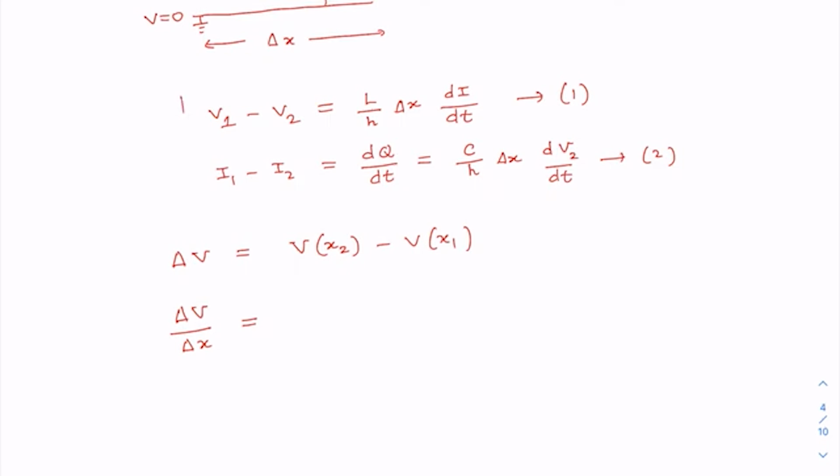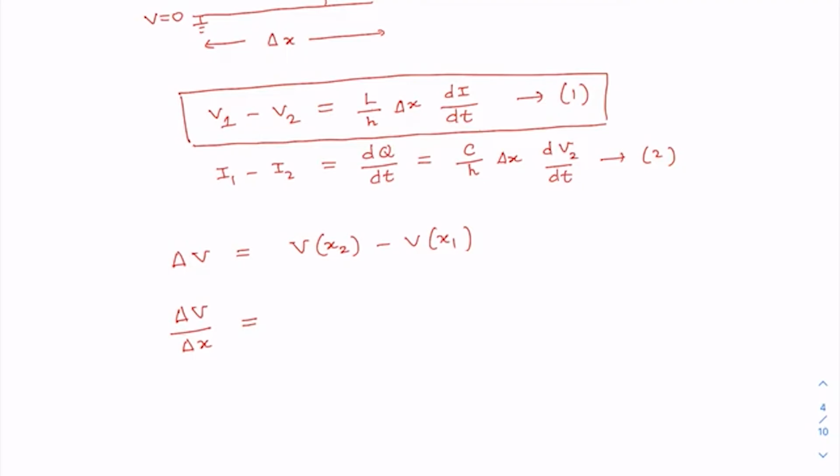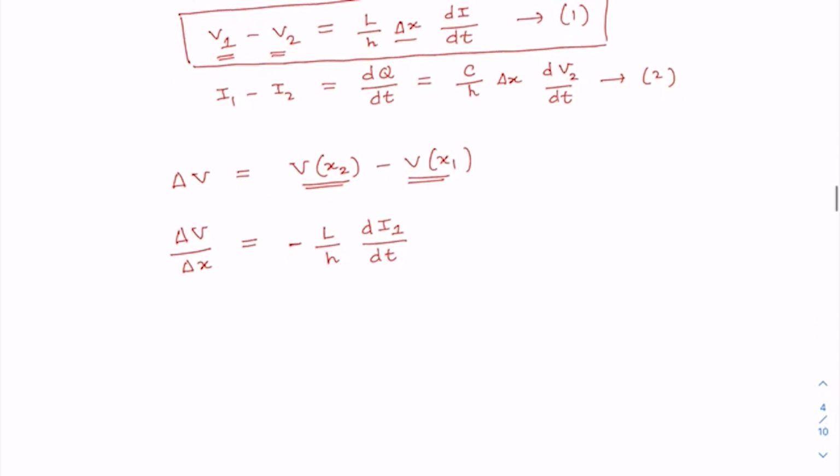So from this equation number 1, I can write it as minus, because I have taken V(x2) minus V(x1), unlike here it is V1 minus V2, so the sign would get changed, therefore I have minus, I hope you are getting the idea, L by H. So delta x I am taking to the other side, so it will have L by H d I1/dt.